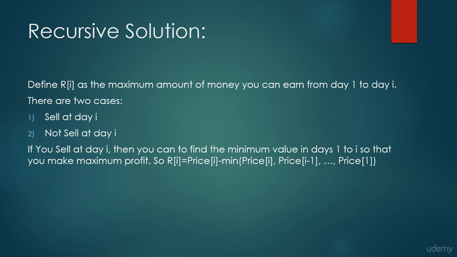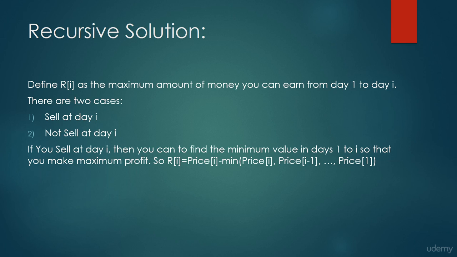If you sell at day i, then you can find the minimum value from day 1 to day i so that you can make a maximum profit. So R(i) is equal to price(i) minus the minimum of the previous prices. Now what does that really mean?